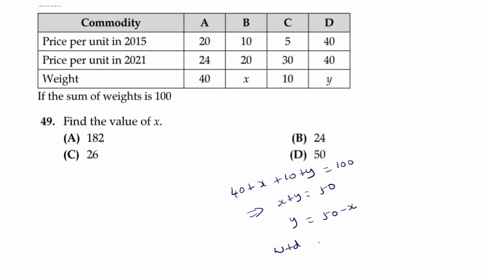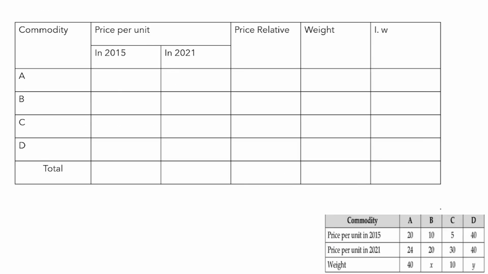The weighted average price relative is given as 182. So using this information, let us find the value of X.